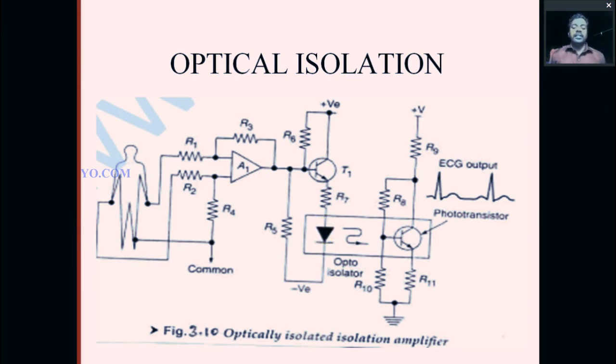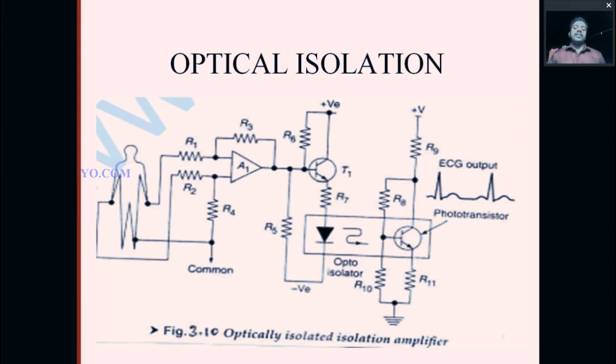It drives the laser diode or LED according to the signal received on the input side from the electrode. The signal received from the input electrode is converted into light. That light is transferred to the next stage. So here the information is transferred from low voltage side to high voltage side in the form of light.